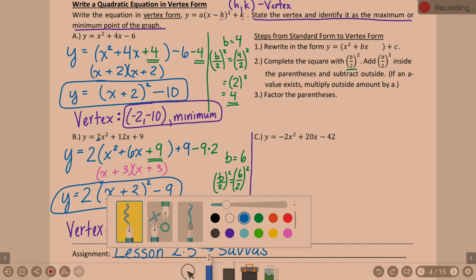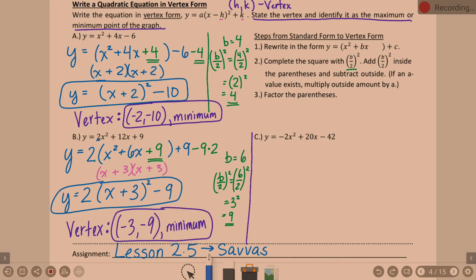Step 1, rewrite. Y equals, now, x squared plus bx in the parentheses, which is negative 2x squared plus 20x. What's the catch? I'm going to say what's not allowed in the parentheses. Negative 2 is not allowed in the parentheses, right? So I'm going to put that negative 2 out front.